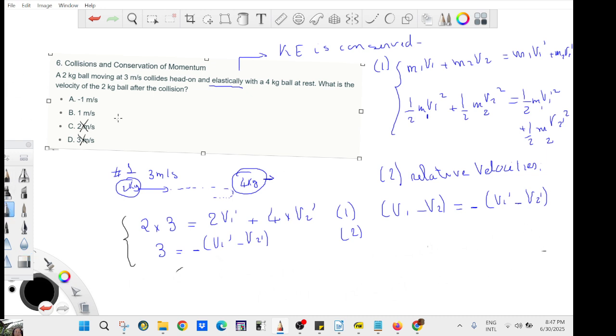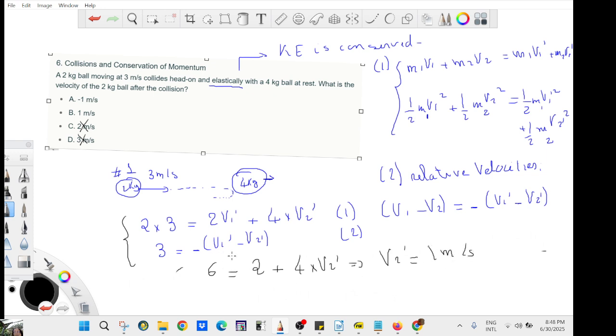If we look at B, we have 6 equals 2, so we have a 2 here, plus 4 times v2 prime, so v2 prime equals 1.